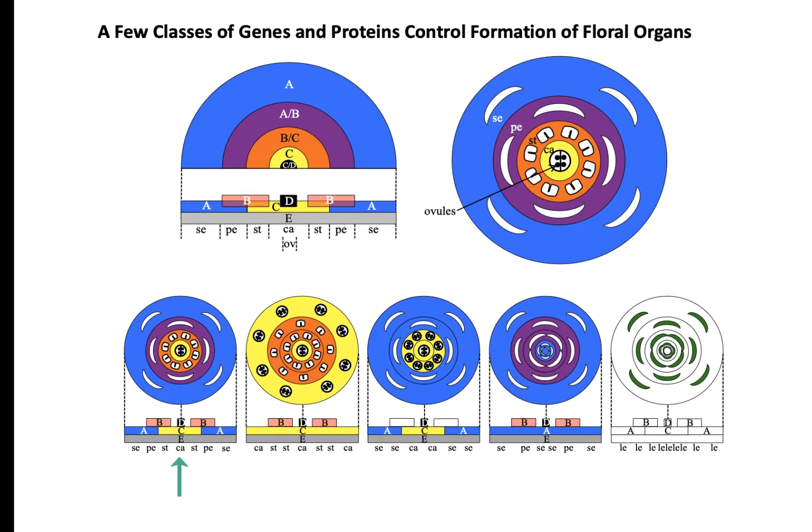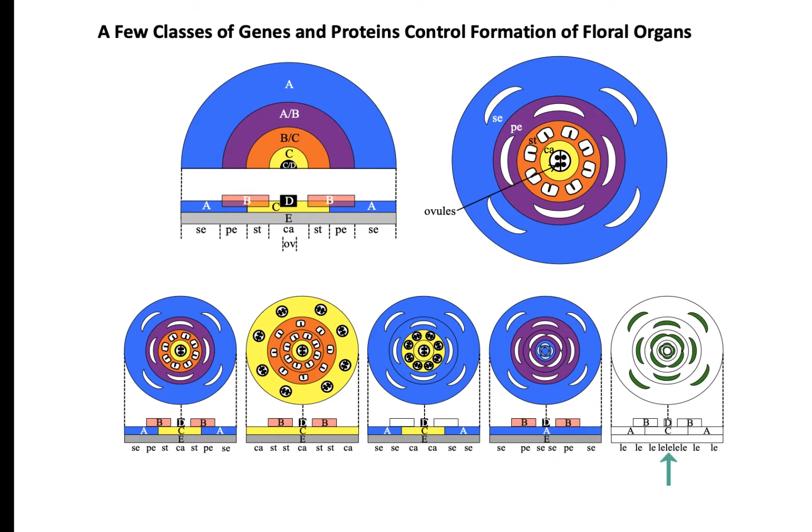But if you lose the A set of genes, all you get are rows of carpels, stamens, stamens, carpels, stamens, stamens, and carpels. If you are missing the B genes, you get only sepals and carpels. If you are missing the C genes, then you get only sepals and petals.